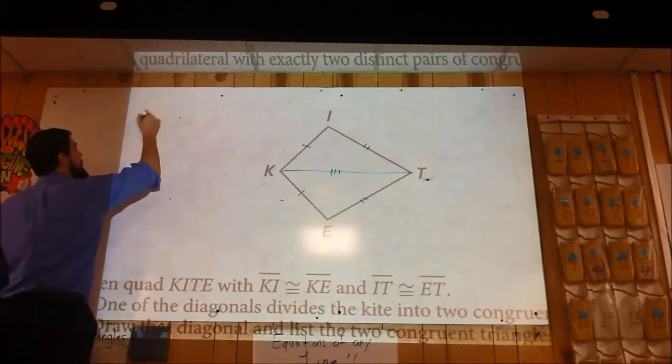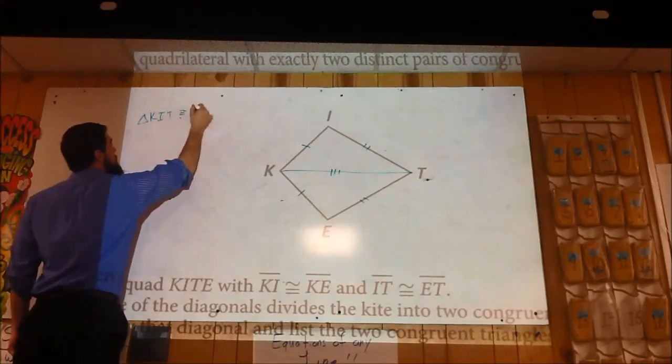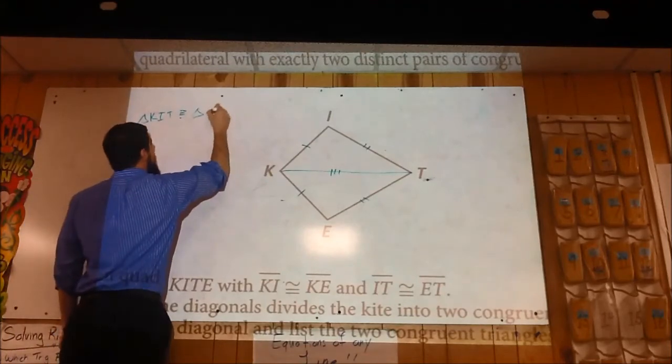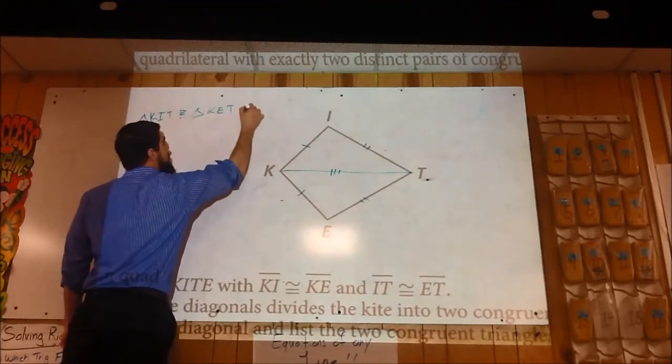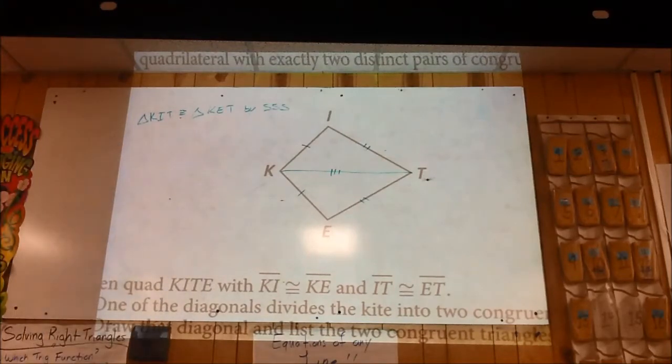And so I know that triangle KIT is congruent to triangle KET, by side, side, side.